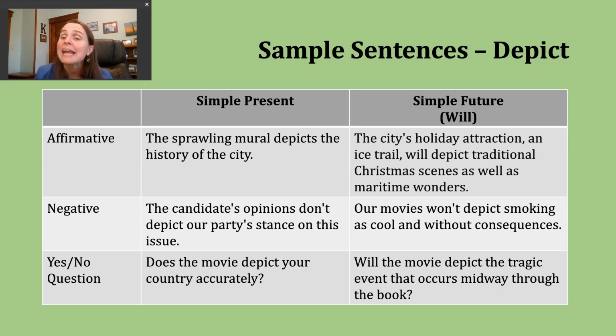Now, if you want to make a negative sentence in the simple future with will, again, doesn't matter what your subject is, but start with that. Use will not and then the base verb. Will not can be combined into the contraction won't, W-O-N-apostrophe-T. You'll see it in my example here. Our movies won't depict smoking as cool and without consequences.